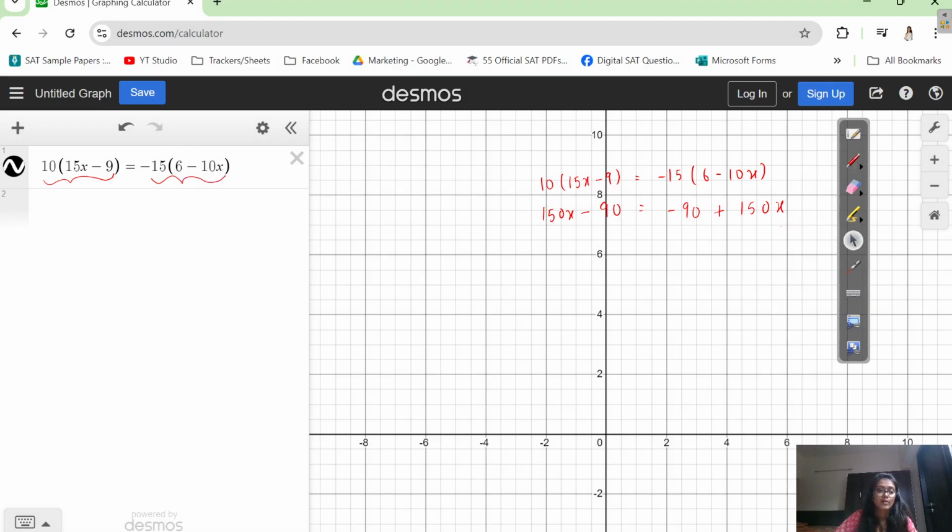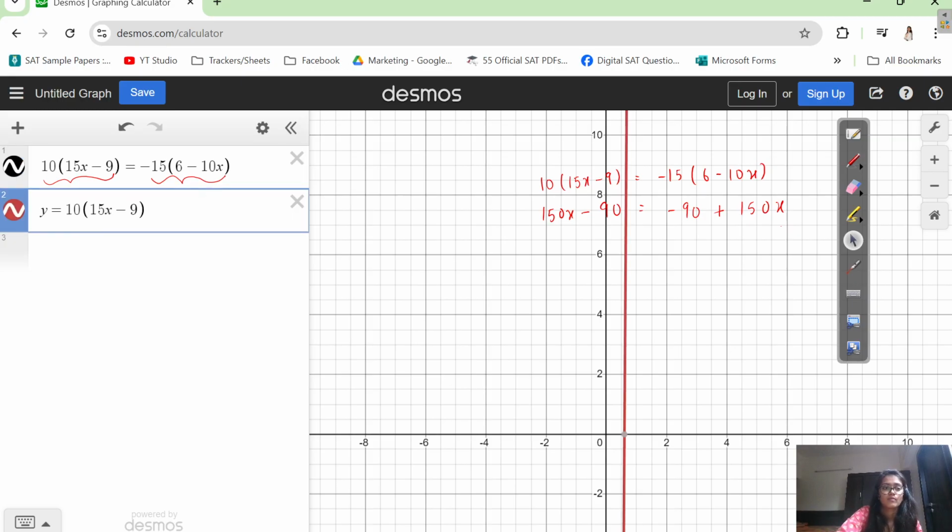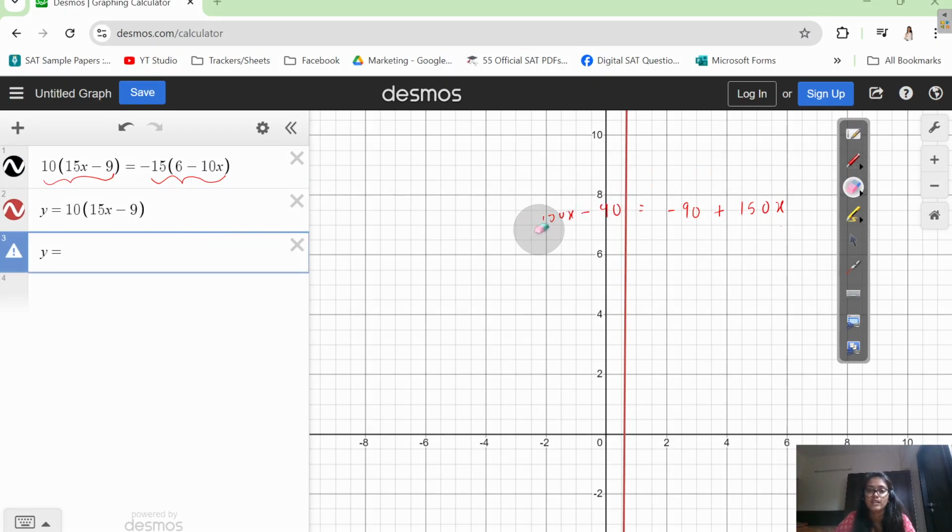So you should write y is equal to the expression on the left hand side, and then plot the graph for the expression on the right hand side. Right now you can see the graph for the left expression, the red one.